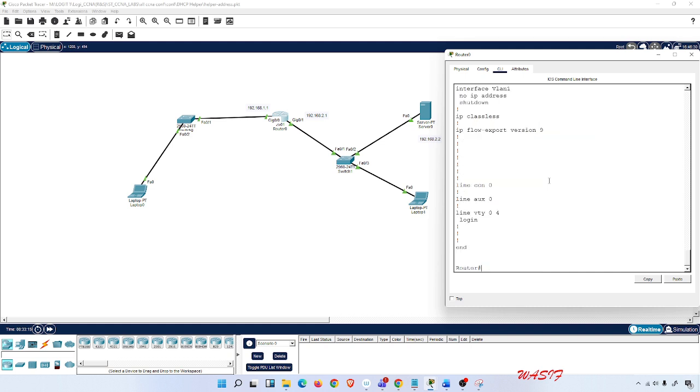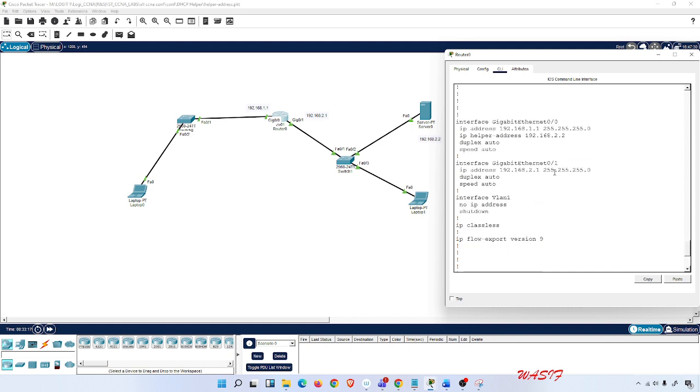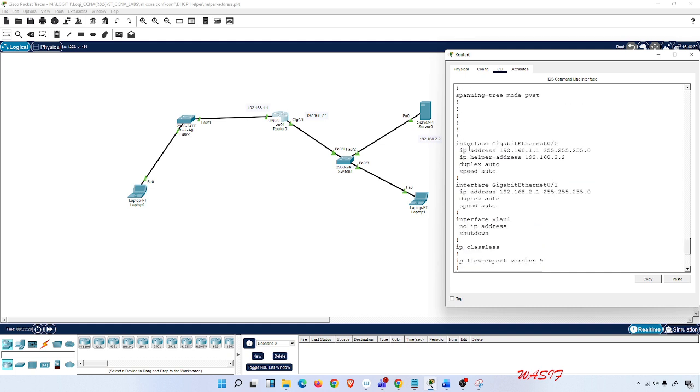You need to make sure that under the interface you have the IP address, and you put this IP helper address as well. There are many commands to verify the DHCP, like show ip dhcp relay, and there are some debug commands as well, but I didn't configure the DHCP on the router.